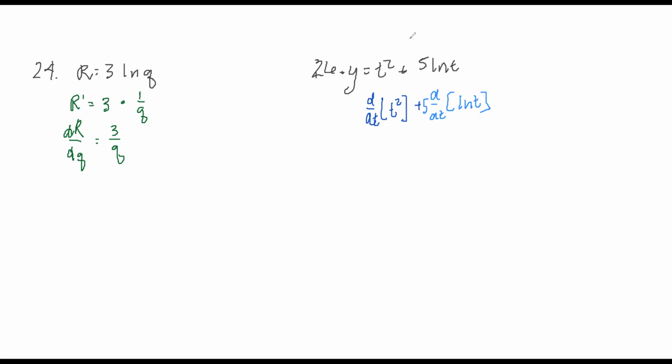It's just attached along for the ride. This is easy. This is the power rule. We just did this. This is going to end up being 2t plus 5 times the derivative of the natural log of t, which is going to be 1 over t. So our final is going to be dy dt is equal to 2t plus 5 over t.